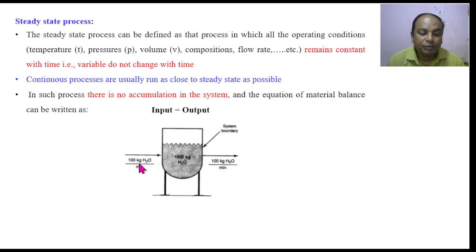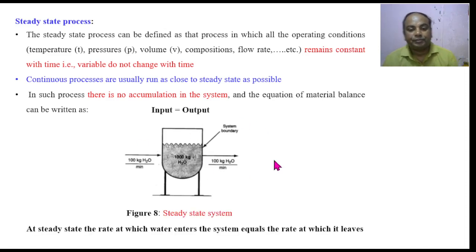That is, input is always equal to output. In this case there occurs no accumulation, as we have assumed that in a continuous process there is no accumulation in the system, and therefore it is operating under steady state condition.